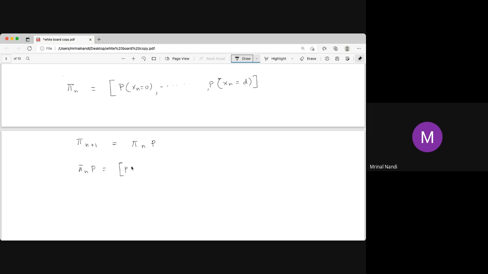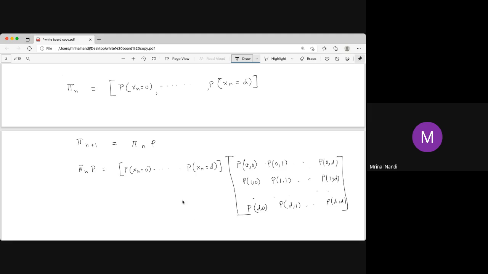This is the probability of xn equal to 0, dot dot dot, probability of xn equal to d, into this whole matrix: p 0 0, p 0 1, p 0 d, p 1 0, p 1 1, p 1 d. P means probability; this function is called P, but we say probability from D to 0.